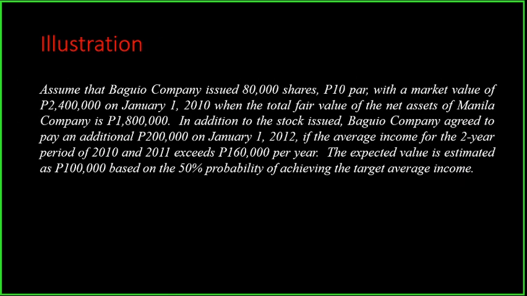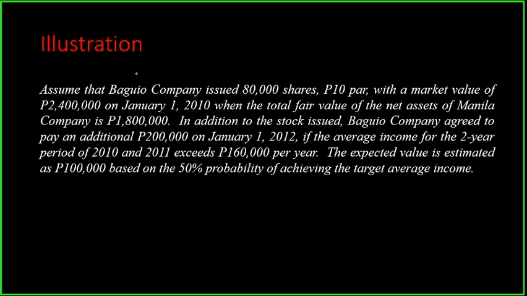Let's have an example. Assume that Baguio Company issued 80,000 shares, 10 peso par value, with a market value of 2,400,000 pesos on January 1, when the total fair value of the net assets of Manila Company is 1,800,000. Let's try to analyze this.